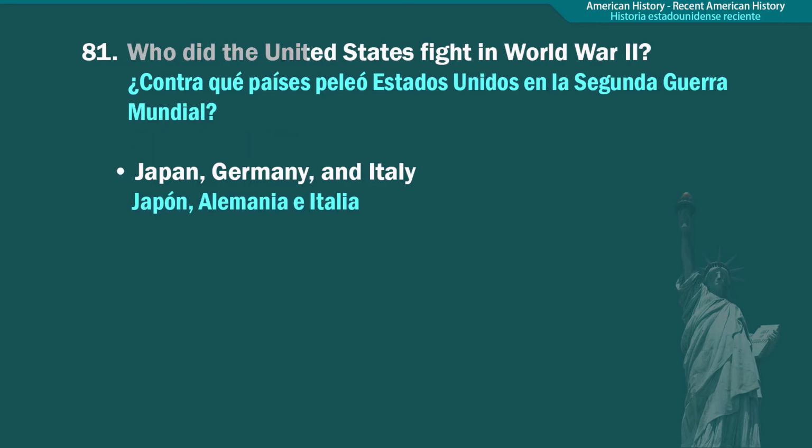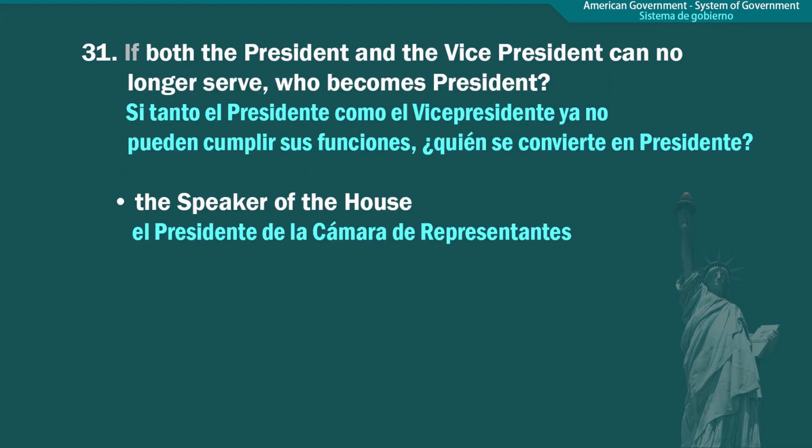Who did the United States fight in World War II? Japan, Germany, and Italy. If both the president and the vice president can no longer serve, who becomes president? The Speaker of the House.